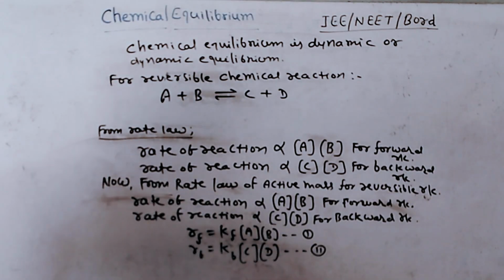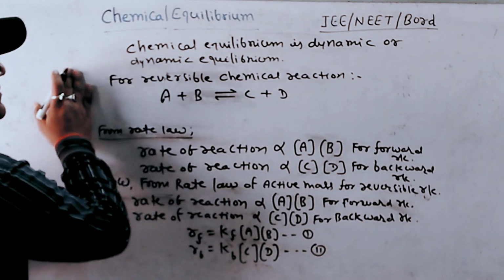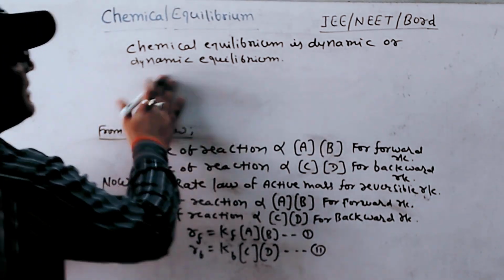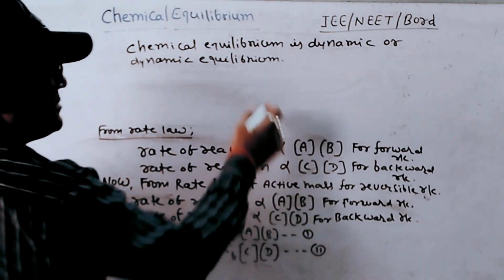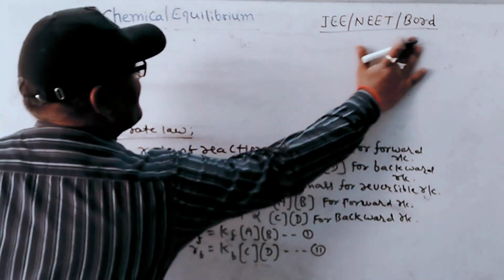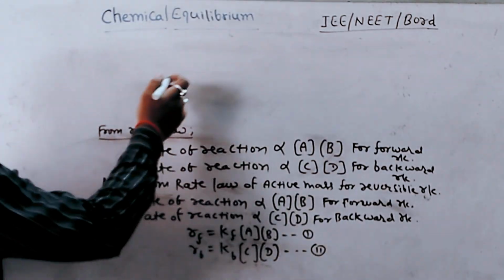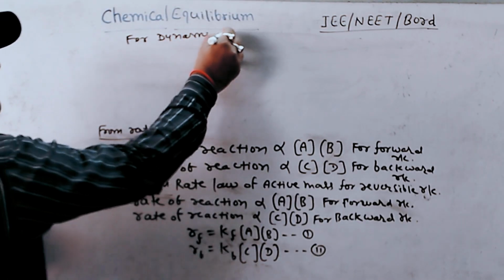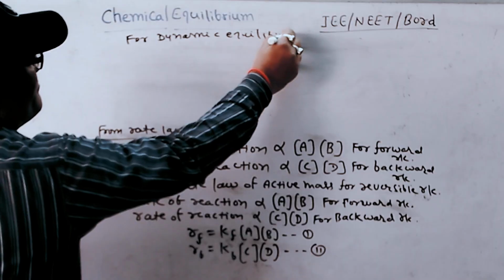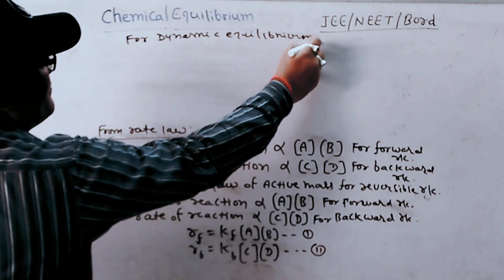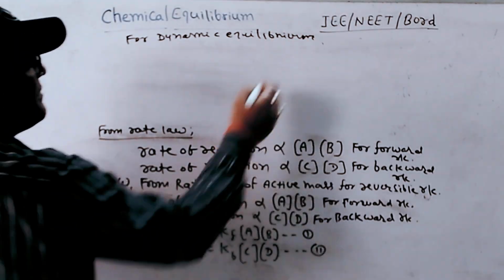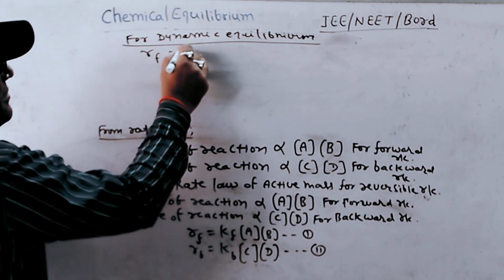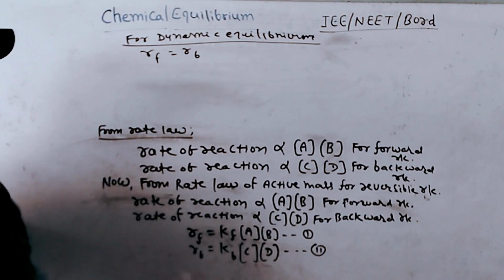Now we can write from equations 1 and 2 for dynamic equilibrium. Chemical reaction is dynamic, so in case of dynamic equilibrium we can write: rate of forward reaction is equal to rate of backward reaction.